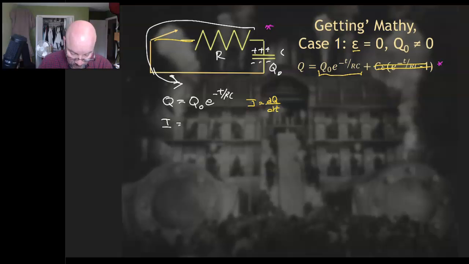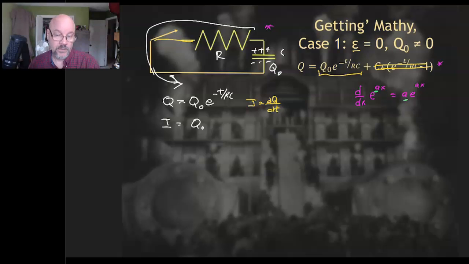Q0 is just a constant. Then we want the derivative of our exponential function. Just to refresh your memory there, if we take d/dx of e to the ax, what we end up getting is a e to the ax. So whatever is up here gets pulled down in front when we do our derivative.